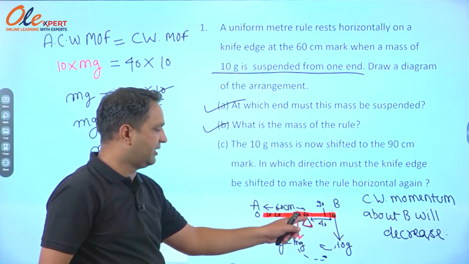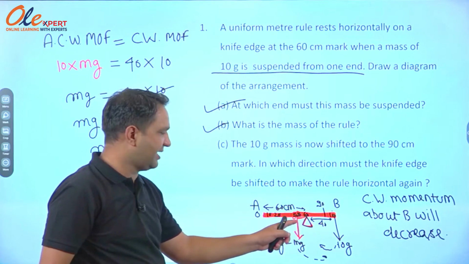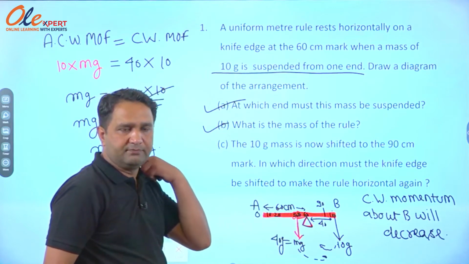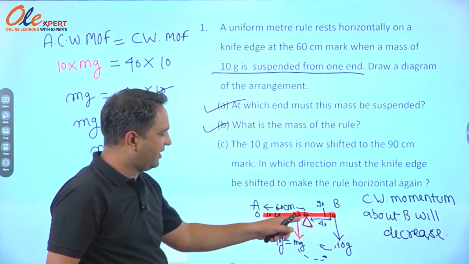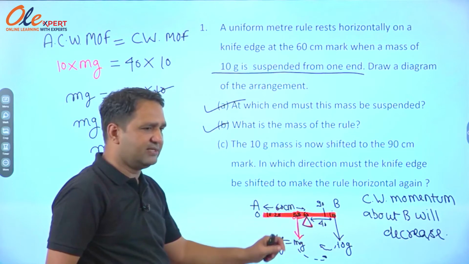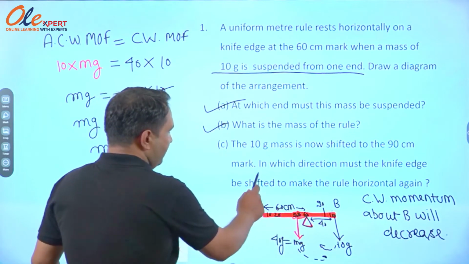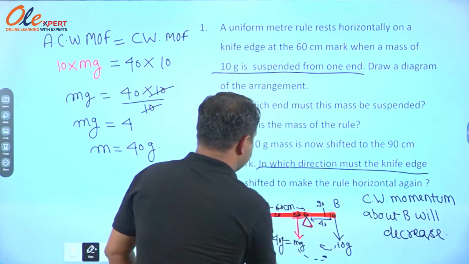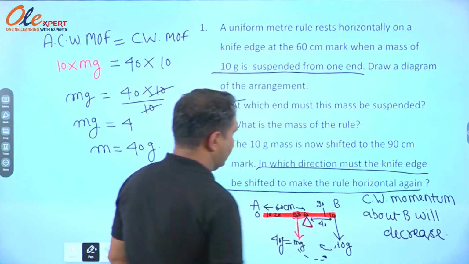So we have to decrease the moment of force at this side too. How can we decrease this? In which direction must the knife edge be shifted to make the rule horizontal?